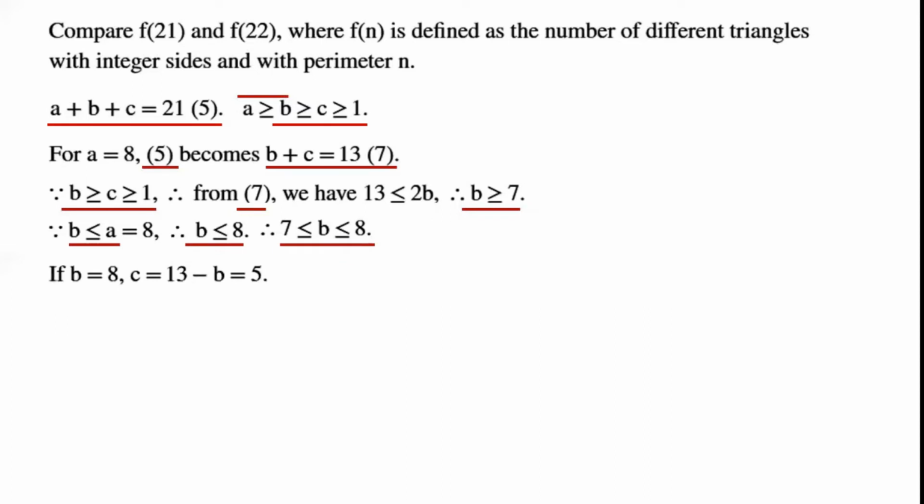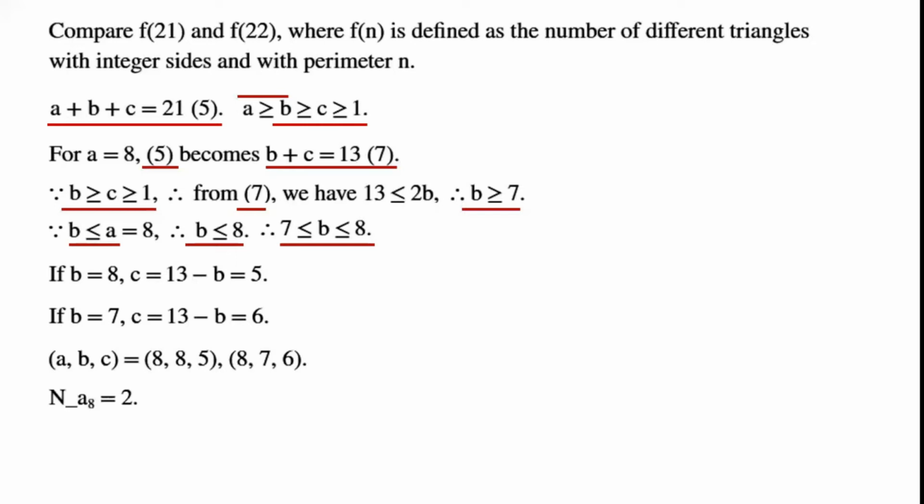If b = 8, c = 13 − b = 5. If b = 7, c = 13 − b = 6. (a, b, c) = (8, 8, 5), (8, 7, 6).